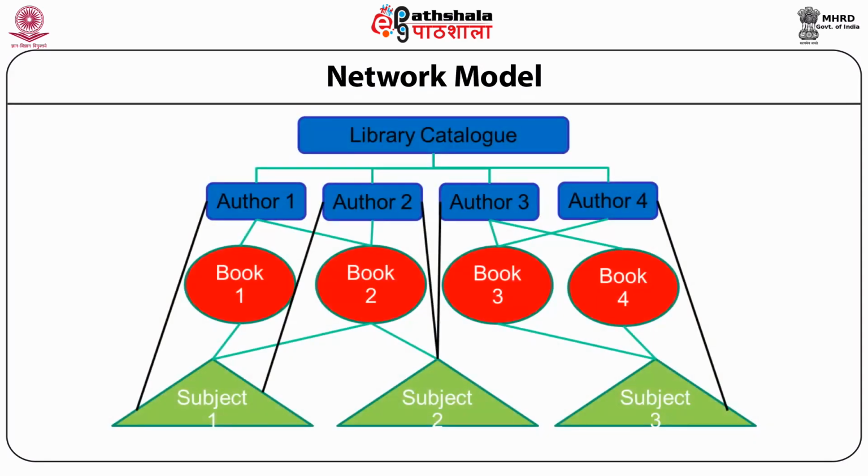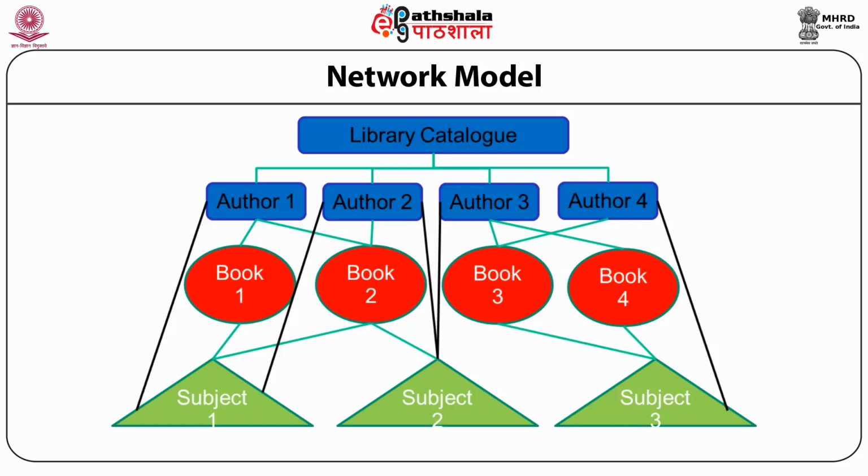Network model. This is a very important model. We have shown a diagrammatic representation of a library catalog. In this model, you can see there are different authors like author 1, author 2 and author 3, and so on. These authors have written several books. In a network model, one author can write more than one book. For example, author 1 has written book 1 and book 2.